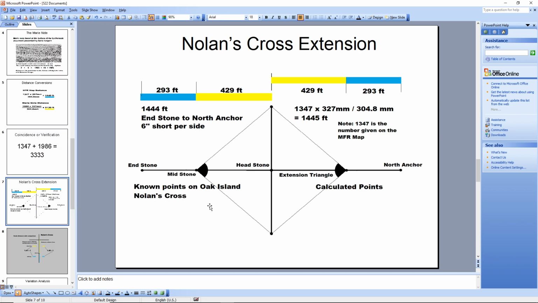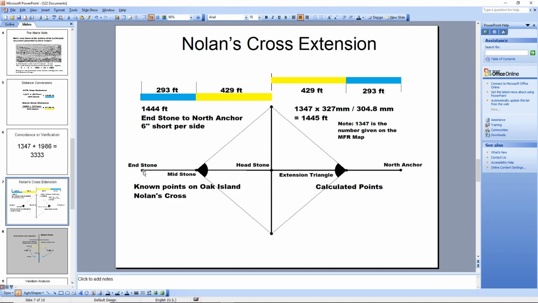So anyway, the Nolans cross is supposed to be extended from the headstone, and I show it here. And the reason why it needs to be extended is because it matches 1347 distance.